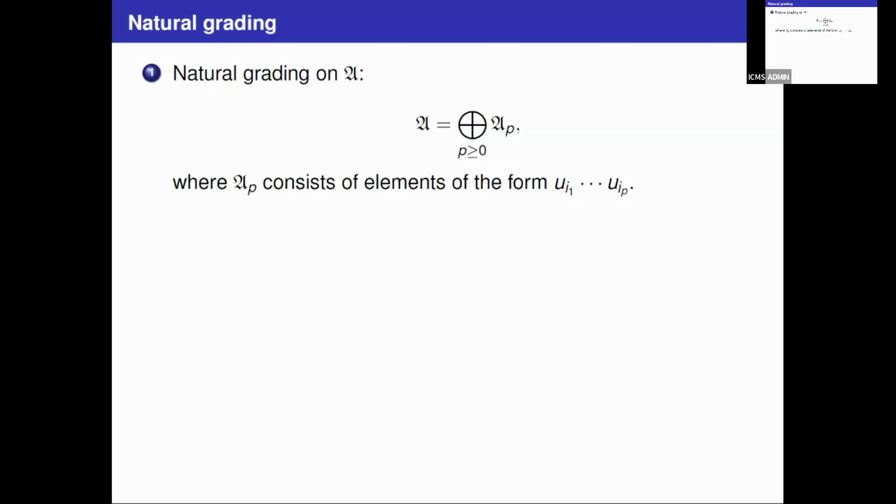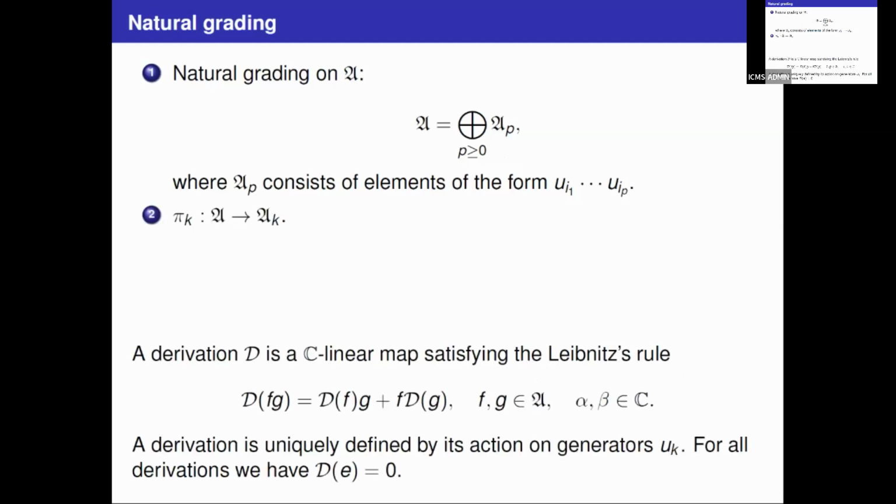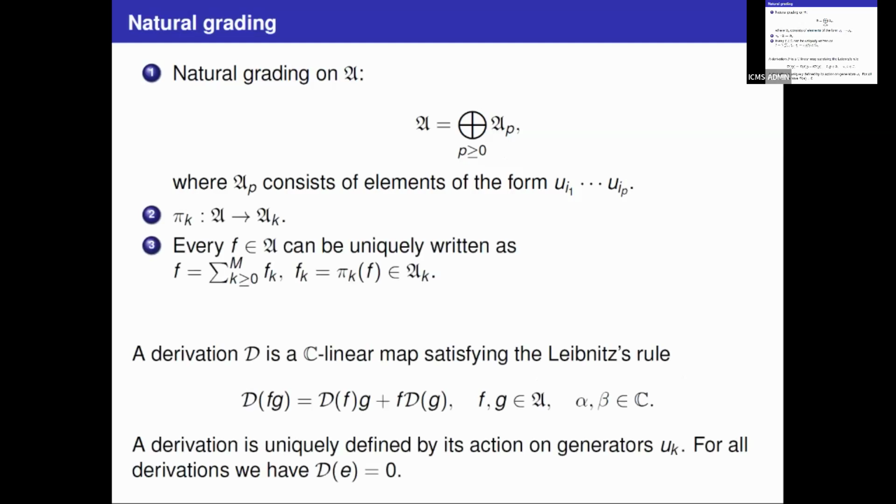So this is the natural grading by degree of nonlinearity. By P_k we will denote a projection from A to A_k, and every element can be uniquely written as a sum of f_k, where f_k is the projection on the A_k subspace.